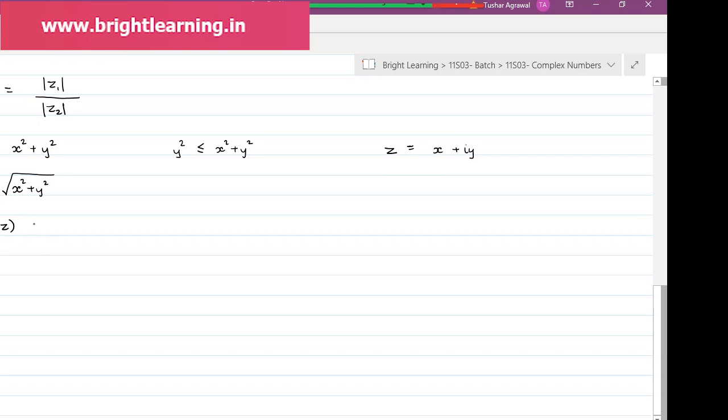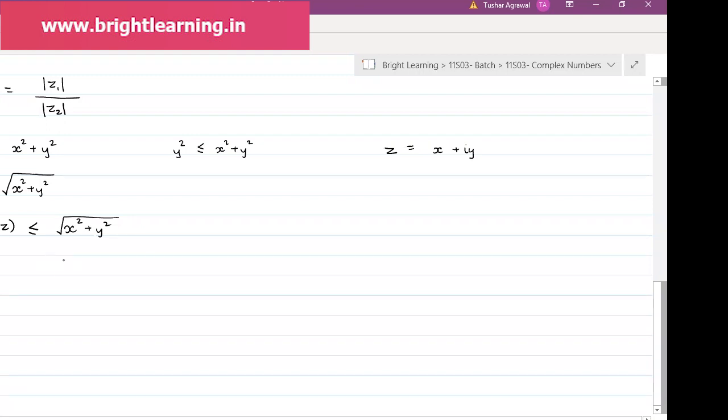If it's positive, at maximum it can be up to the square root of x square plus y square, with the equality sign, less than or equal to. And if the real part of z is negative, meaning x is negative, it cannot go beyond the square root of x square plus y square with a negative sign. Do you agree with me? This property, is it clear?